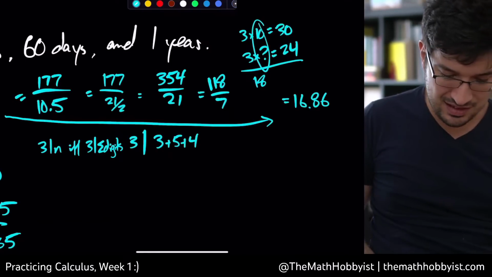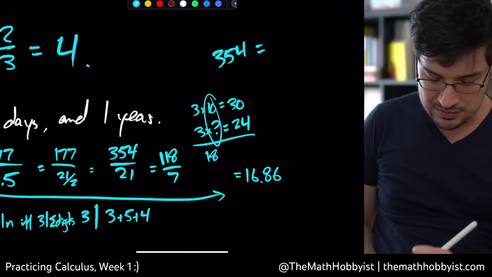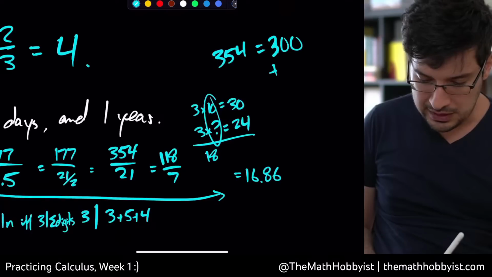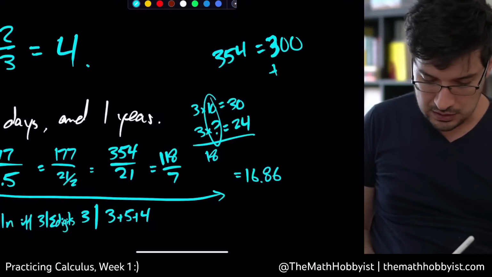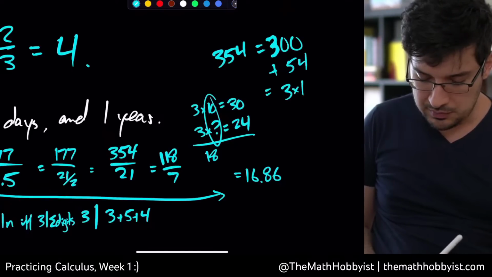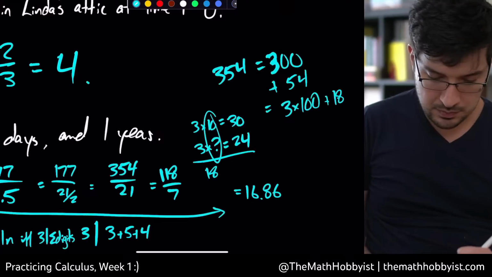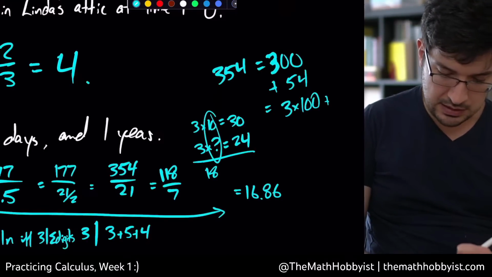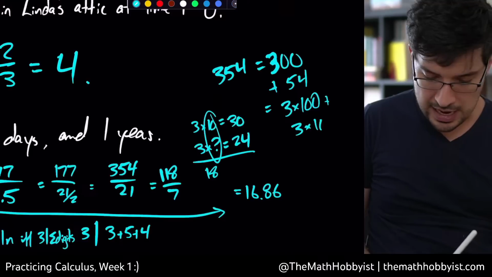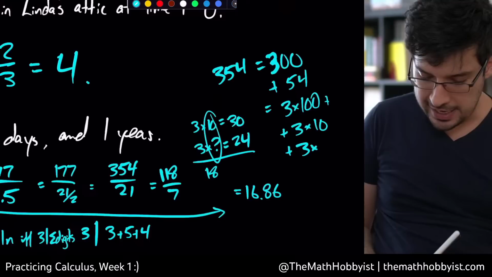I missed 354. I saw 354. Yeah, I knew I was going to make a mistake here. I saw that that's 300 plus 54. So 3 times 100 plus 3 times 10 plus 3 times 8.